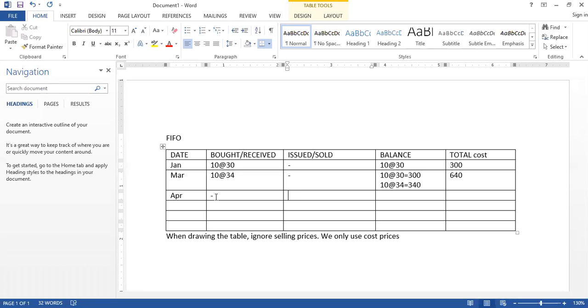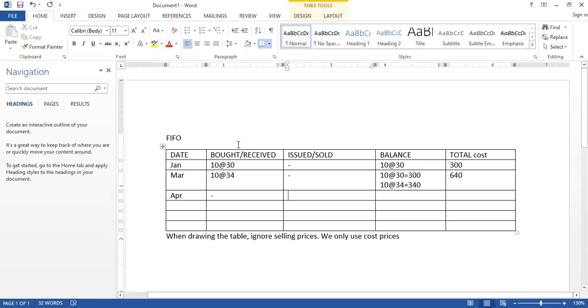Now that's where the first in, first out comes in. It says that the items that came in first should be issued out first, should be sold out first. So the items that came in first, now you look at your balances from the previous month, the item that came in first is the one that is on top.